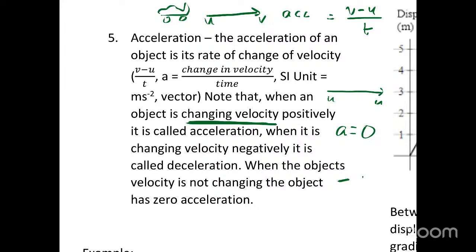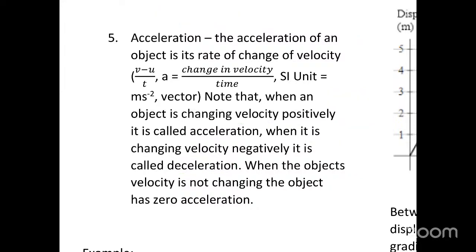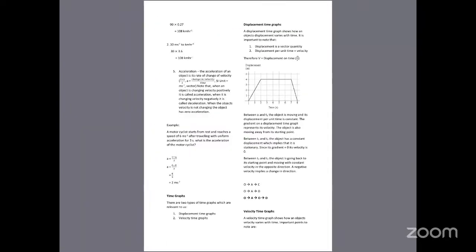If the acceleration is negative, we call it deceleration. Make sure you remember these small things: if the velocity stays the same, there is no acceleration, and if the acceleration is negative, it's deceleration.